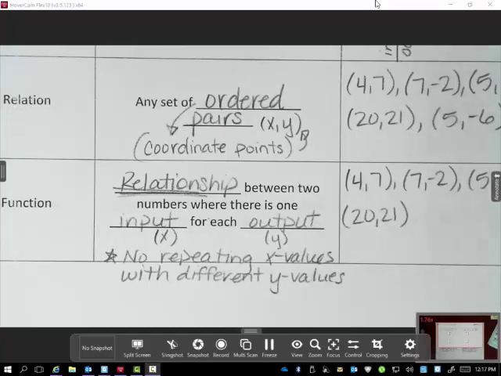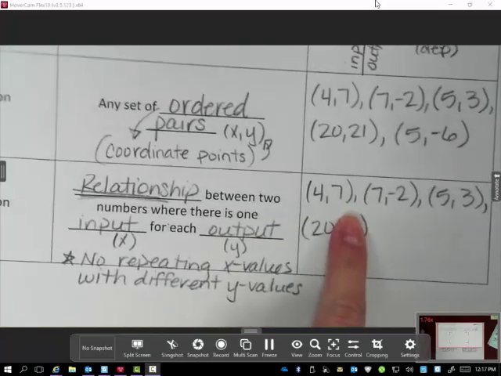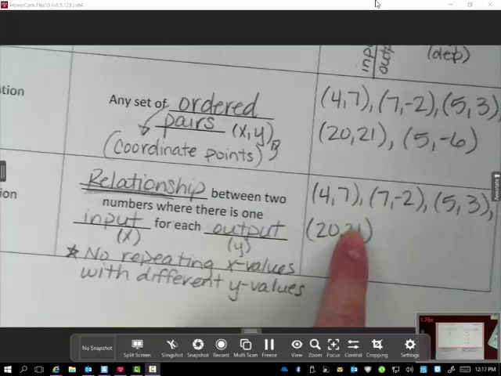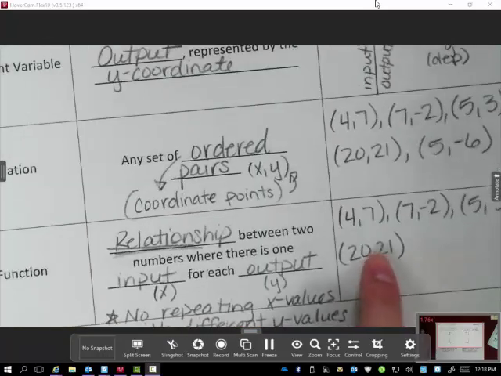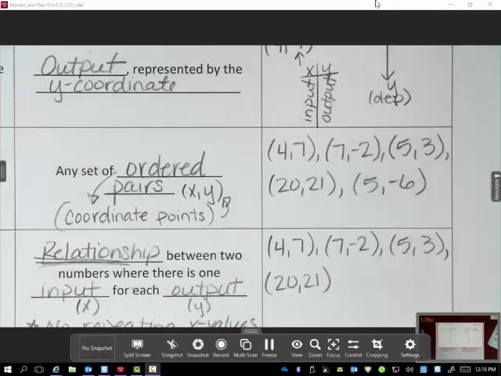Now, this is kind of like, you have to think about what the definitions are. Okay? Are functions relations? No. Okay, so function was this one right here. Wait. This is a function. Is that a relation? Yes. So every function is a relation, but is every relation a function? No. Okay, so think about it like squares and rectangles.